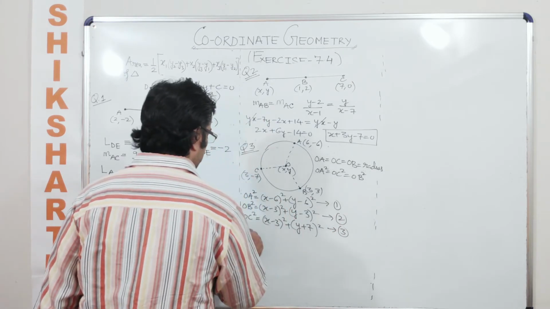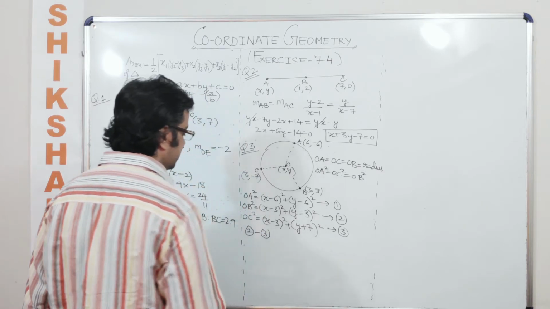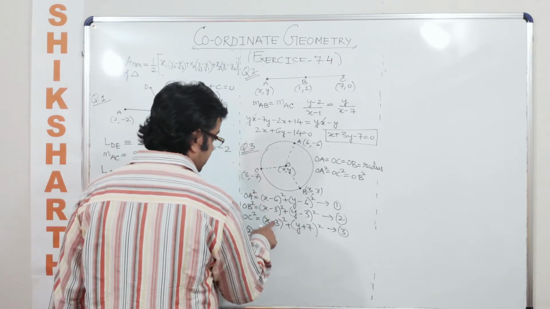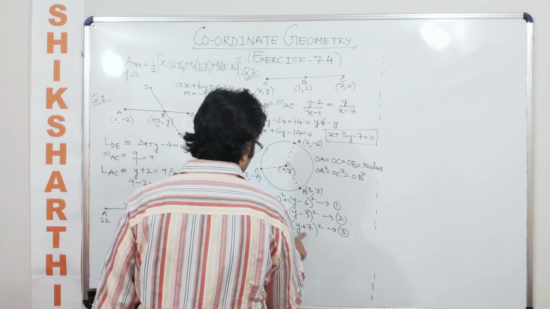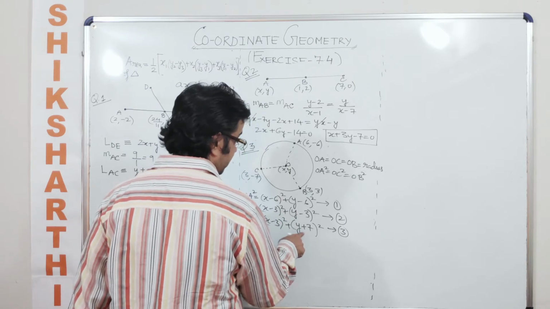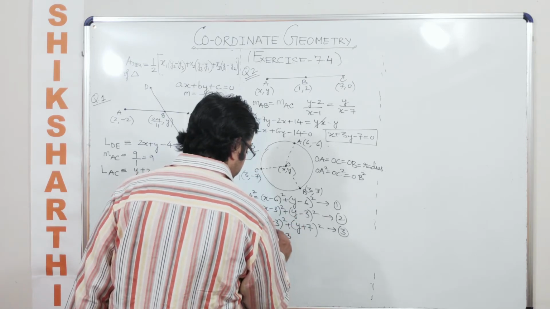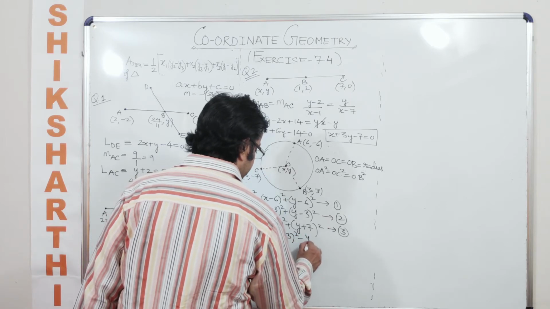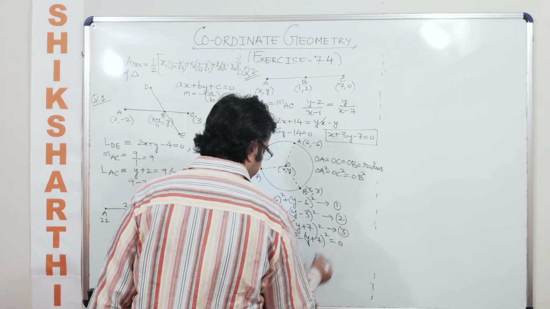The first transformation I am doing here is equation 2 minus equation 3. In that case, the x terms get cancelled out and we get y minus 3 whole square minus y plus 7 whole square is equal to 0.